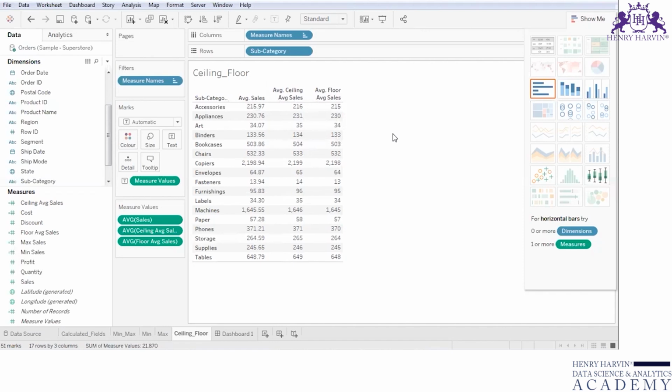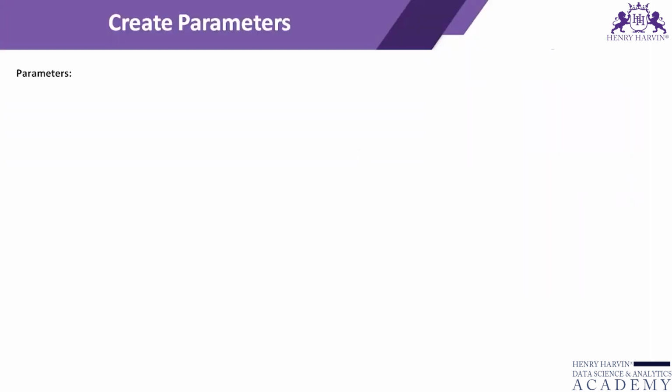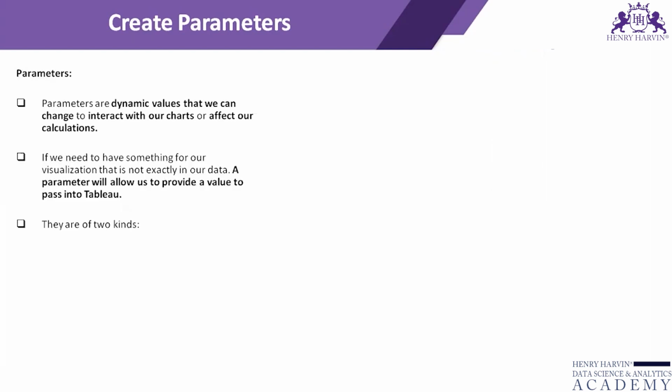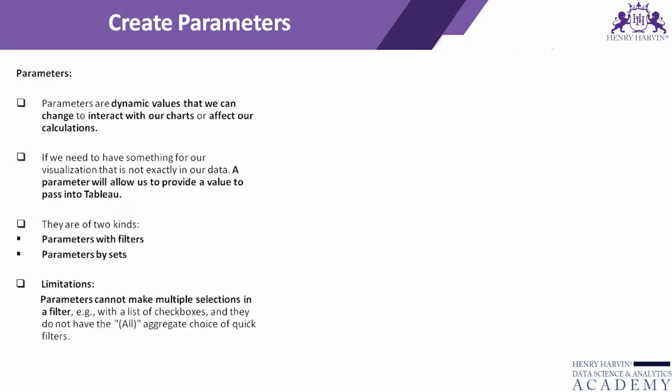So that was pretty much from my side for calculated fields. Next, we'll see how to create parameters. A parameter is basically a dynamic value which we can change, and using that we can interact with our charts and graphs. These two, calculated fields and parameters, are the most essential ones, and parameters can be used in multiple ways in our Tableau workbook.